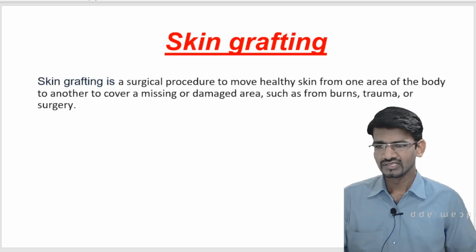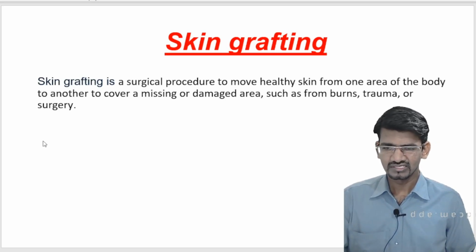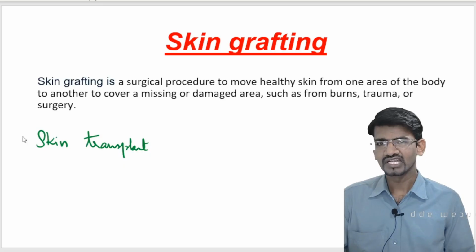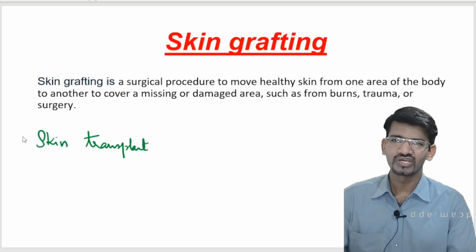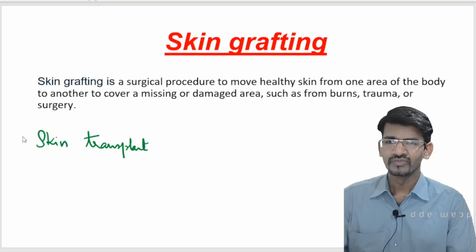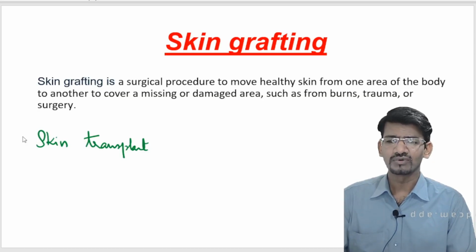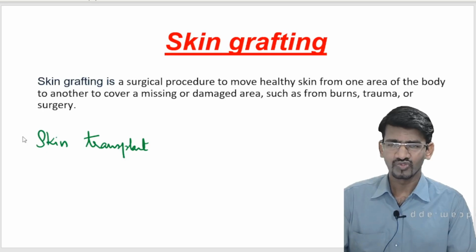Okay, you can call it a skin transplant. So here the skin is being transplanted from one area of the body to another area of the body. The major purpose of skin grafting is to cover the wound, especially wounds like burns, trauma, or even non-healing ulcers.